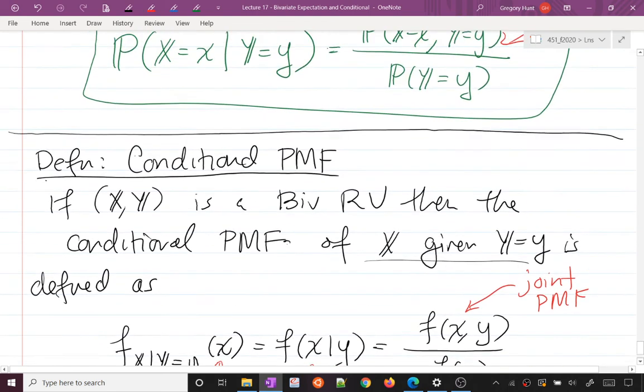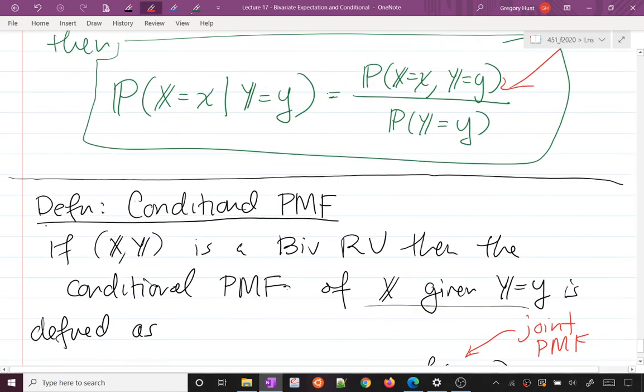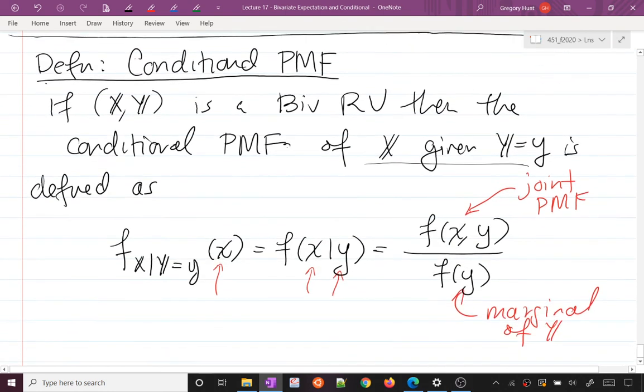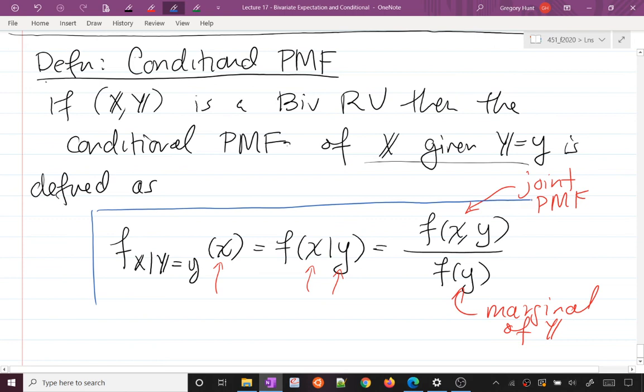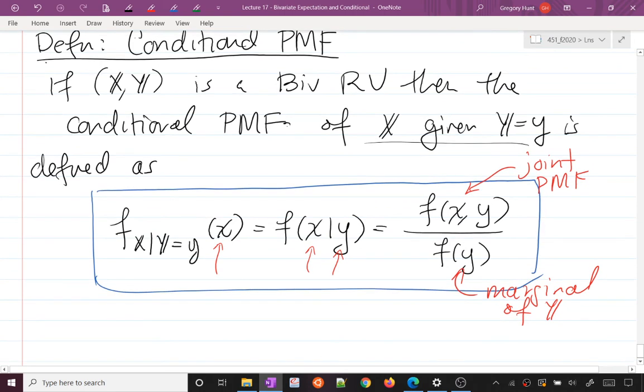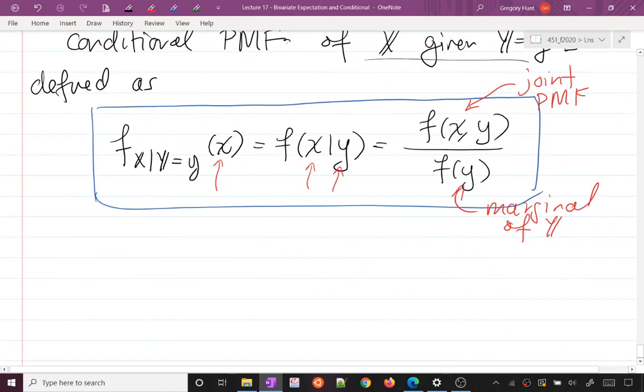And that is exactly what we have here. This is the joint over the marginal of y. So this is our definition, and I'll use both notations, of the conditional Pmf of x at little x given y is equal to little y.